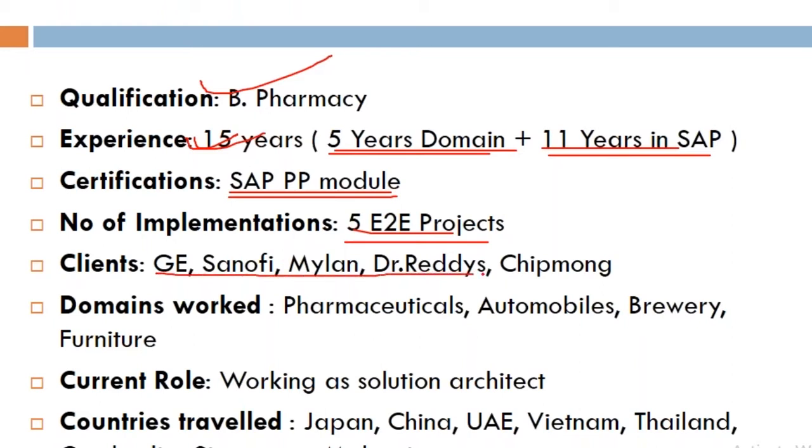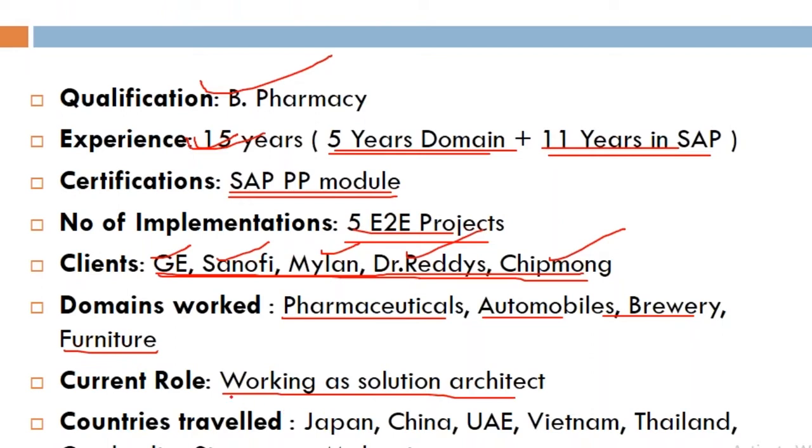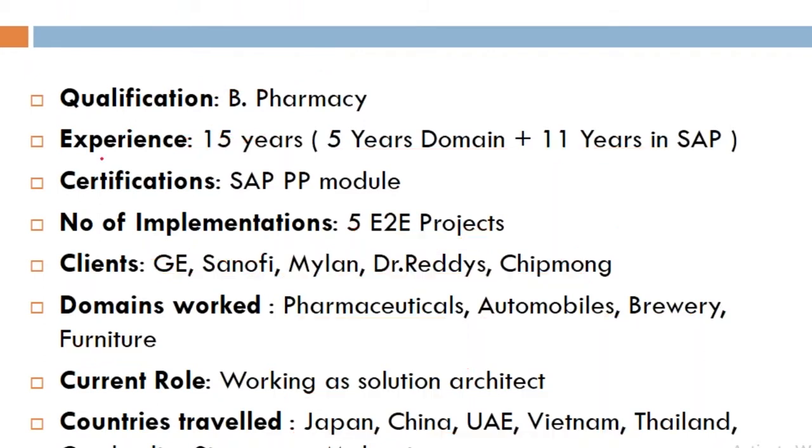These are the clients for which I worked: General Electric, Sanofi Laboratories, Milan Laboratories, Dr. Reddy's, and Chipmunk Laboratories. These are the types of industries for which I implemented SAP. Currently I'm working as a solution architect in one of the leading IT organizations, and these are the countries I traveled to as part of my SAP career. So this is my profile basically.